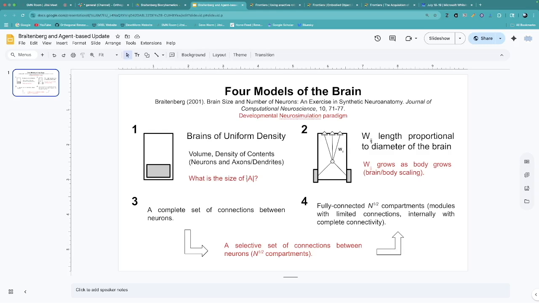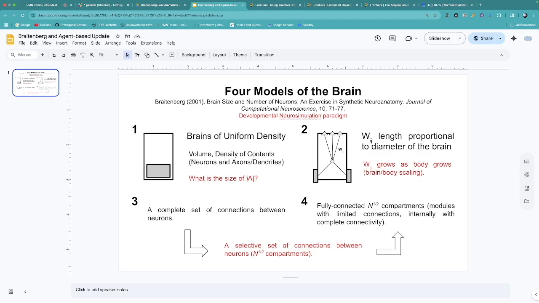And so we approach this in a little bit different way. Remember from our last discussion, Braitenberg downplayed the significance of development, or at least he didn't talk about development in his work. In our case, we're explicitly interested in development. So we're interested in the size of this neural network and this network of connections. And for a uniform density, we probably have a fully connected network.